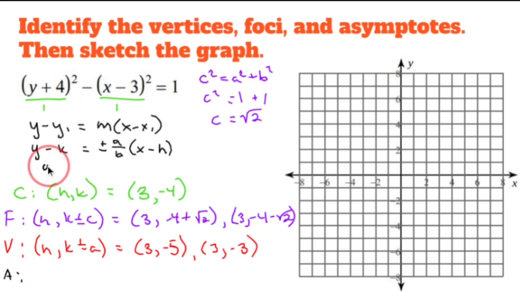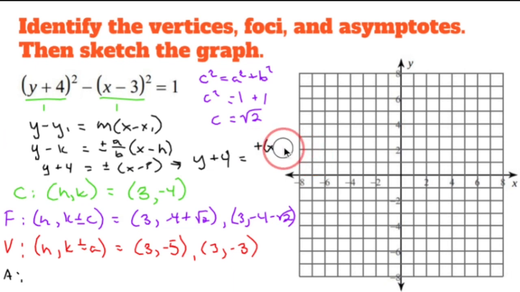Let me do y minus k, which is the same as y plus 4, equals plus or minus 1 times x minus 3, which makes y plus 4 equal to a positive x minus 3, and a negative x minus 3.